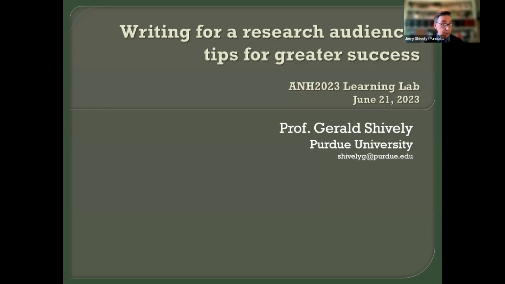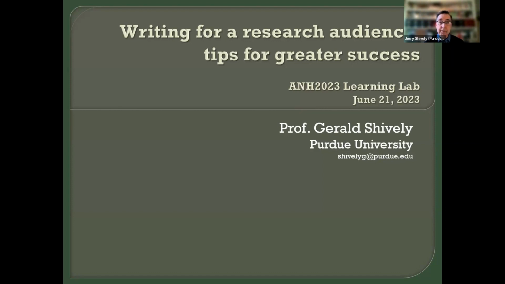The other thing that I would like to say is that many, many, many good papers get rejected from journals. What I'm going to share with you is no surefire method to get your paper accepted.